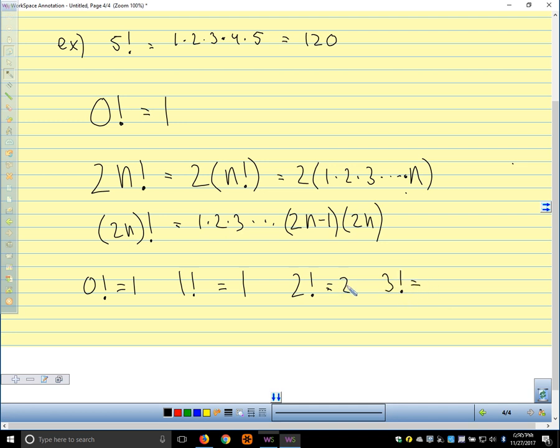So that's 1 times 2 is 2, times 3 is 6. 4 factorial? 24. We would multiply this by 4. And we said 5 factorial was 120. 6 factorial is 720. Factorials grow very, very quickly.